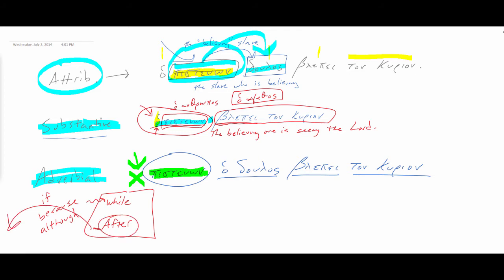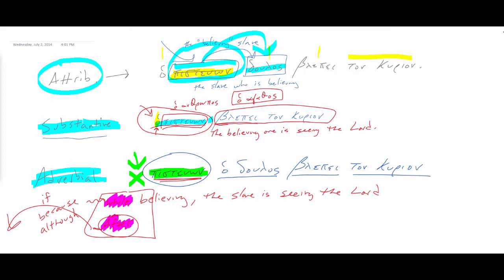So this is a present participle, pisteuōn, so we would say, while he is believing, the slave is seeing the Lord. So you see, when we have an adverbial participle, we have to provide a word like while or after.